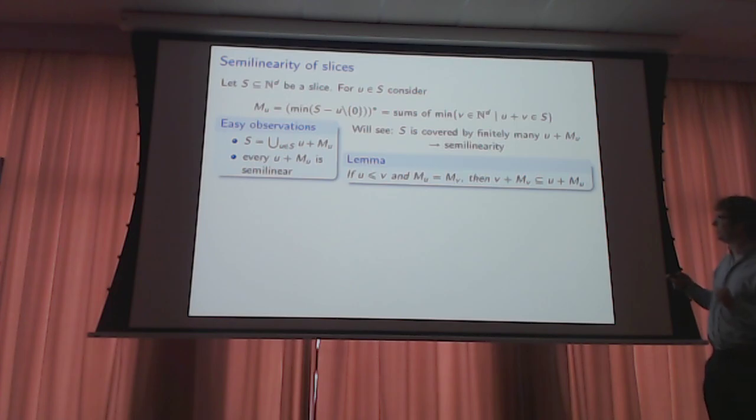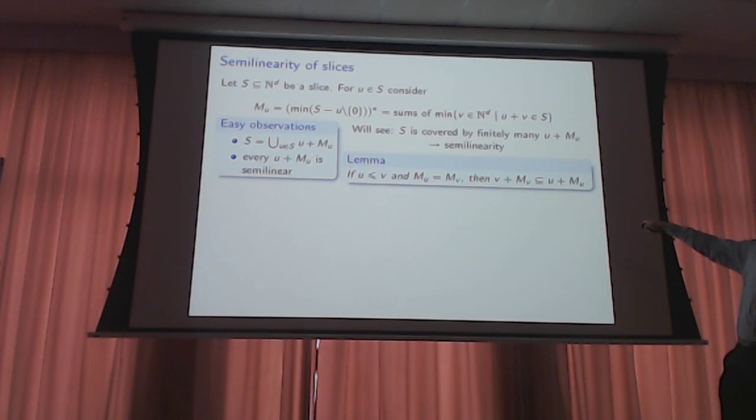It's a little subtle, but if you know this, then first of all you can observe that all the elements between U and V, if you look at their monoid, it must be the same monoid.